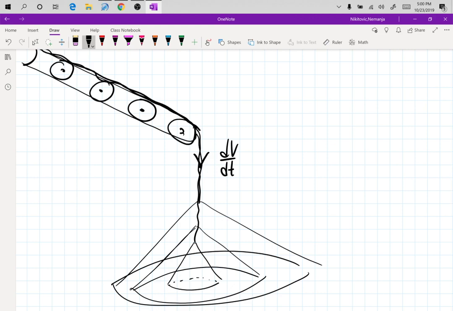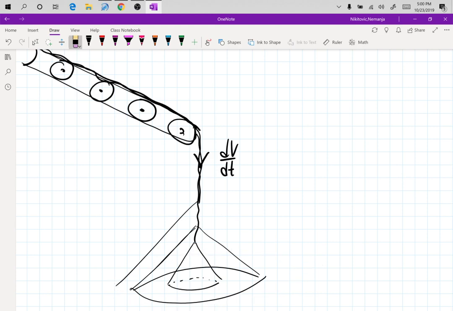The output rate of that machine is the dV/dt of what is falling onto the pile. The cone that I am observing on the pile over here will have the radius r and the height h, and they both change. The more stuff you put on the pile, the wider the pile and the taller the pile is as time passes by.